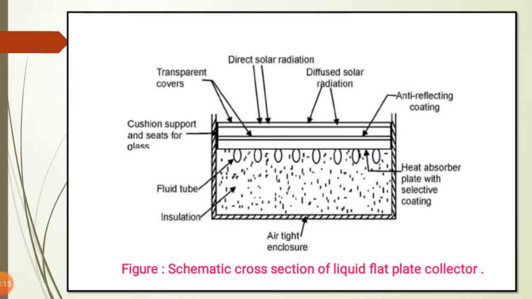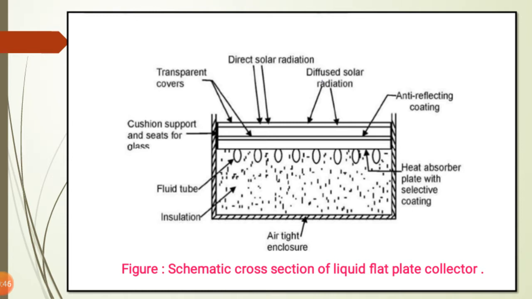As we see in the figure, there is an absorber plate below the transparent cover. When the solar radiation is incident on the transparent cover, which is transparent to the incoming solar radiation but opaque to the infrared radiation, the radiation after passing through the transparent cover is absorbed by the absorber plate.